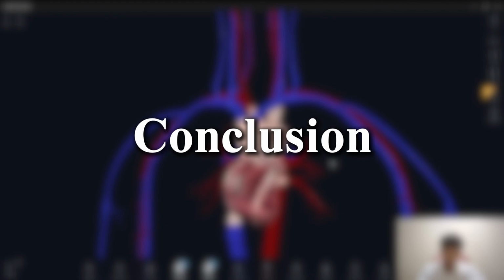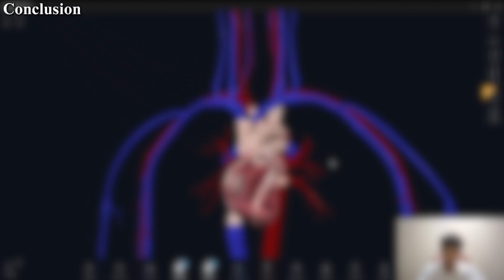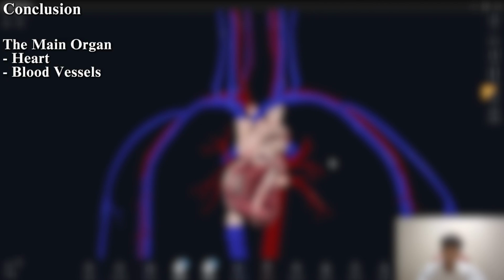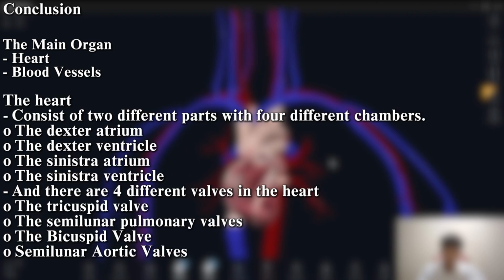Alright, so to wrap things up, we're going to go over what we've been discussing regarding the cardiovascular system. There are a few things that need to be highlighted. The main organs in the system are the heart and the blood vessels. The heart consists of two different parts with four different chambers: the dexter atrium, the dexter ventricle, the sinistra atrium, and the sinistra ventricle.